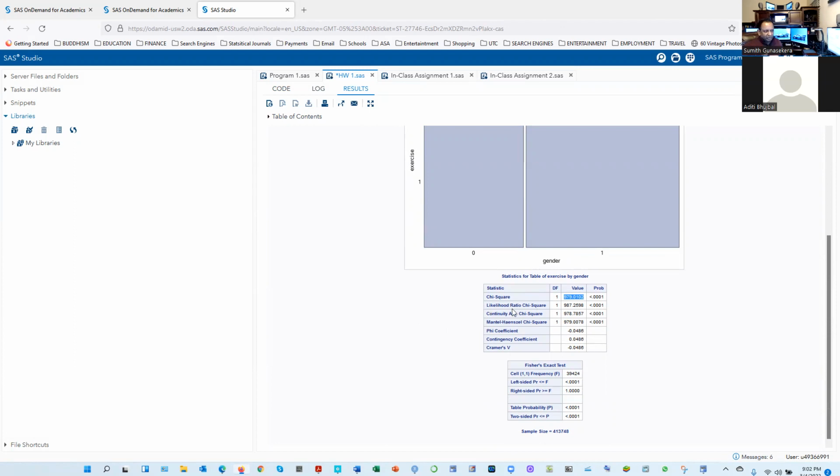There are so many other ways you can run this, but we cannot go through all of them. When the necessity arises, we will have a look at them. In addition, there are other measures: likelihood ratio chi-squared, continuity adjusted chi-square, Mantel-Haenszel chi-square, phi coefficient, contingency coefficient, Cramer's V. If there's any failure in this test, you would jump to Fisher's exact test.